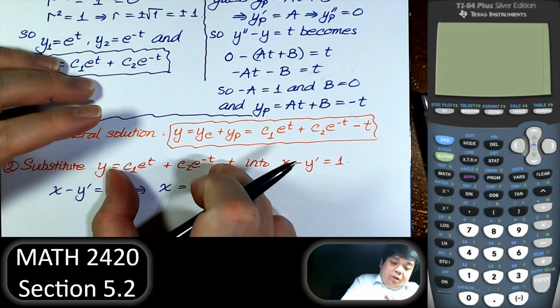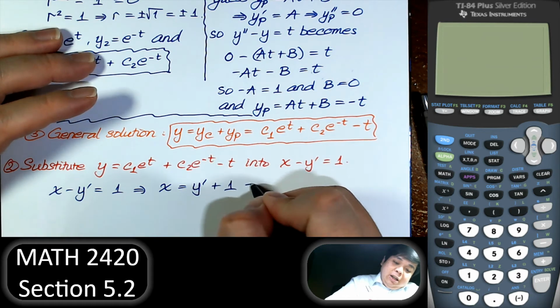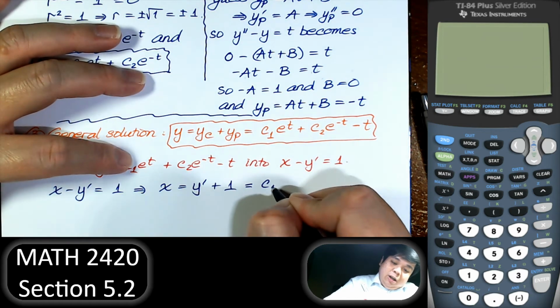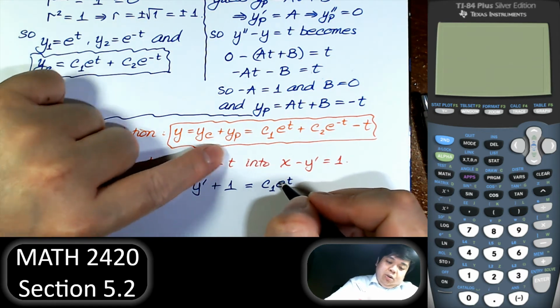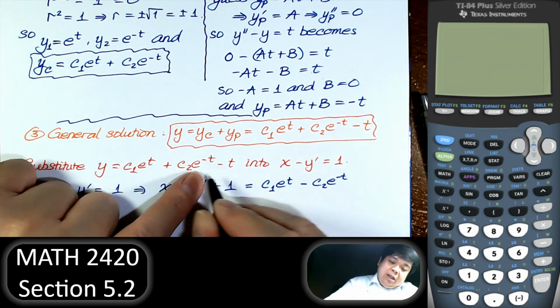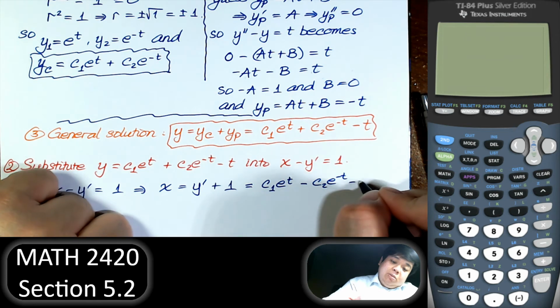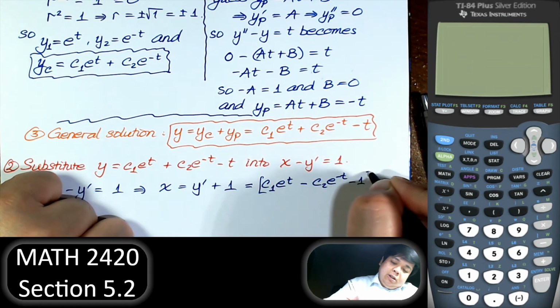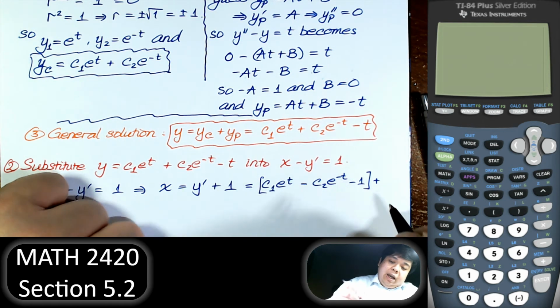And I just take the derivative and substitute in here. So derivative of this is c1 e to the t. Derivative of this is negative c2 e to negative t. And derivative of negative t is negative 1. And then just plus 1.